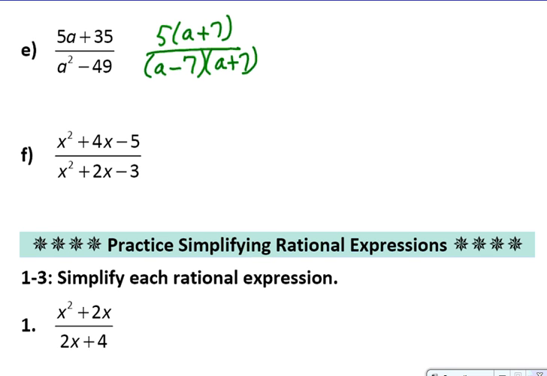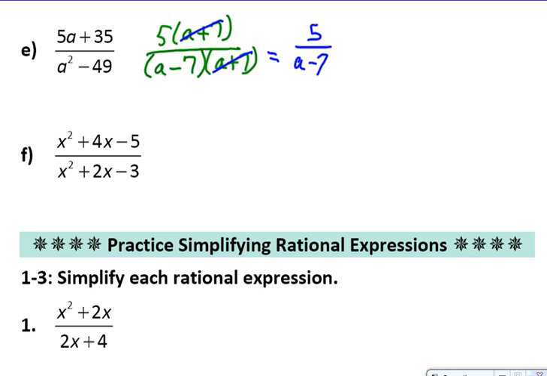I just take this minute to note that A plus 7 and A minus 7 are different numbers, and they are not a clever one. I can cancel, however, the parentheses A plus 7 and A plus 7, and I'm left with 5 over A minus 7.